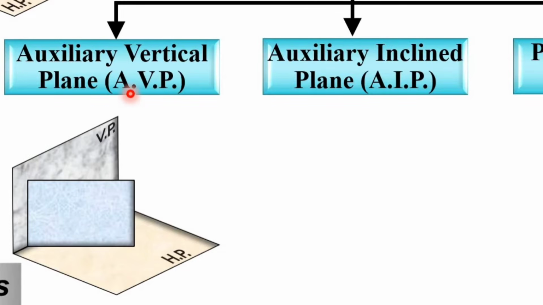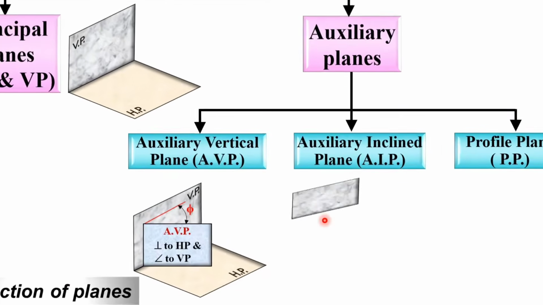That's why it is called auxiliary vertical plane. Here you can see this plane is a vertical plane, but it is inclined with the VP. So we can say this plane is perpendicular to HP, but it is inclined to VP, and that inclination is generally indicated by phi.